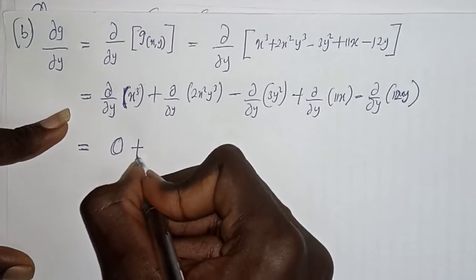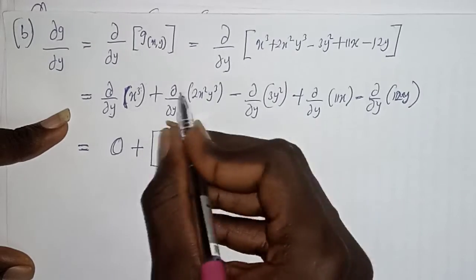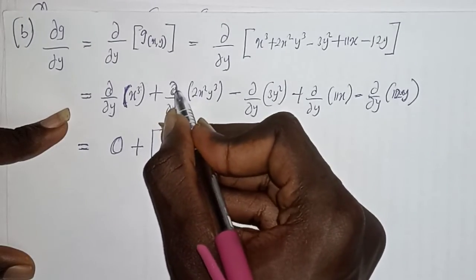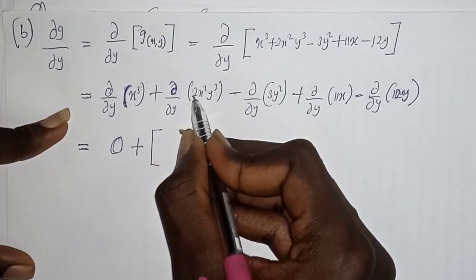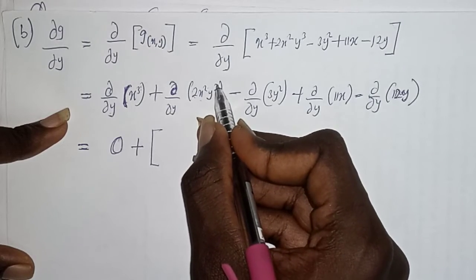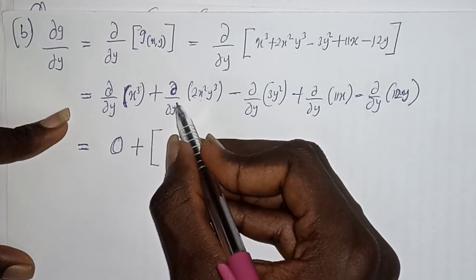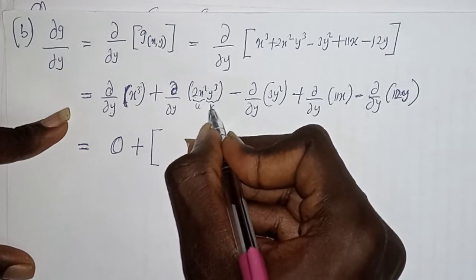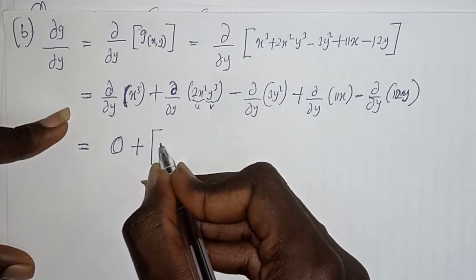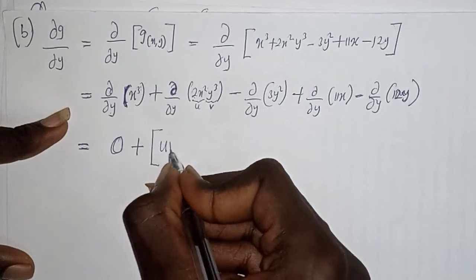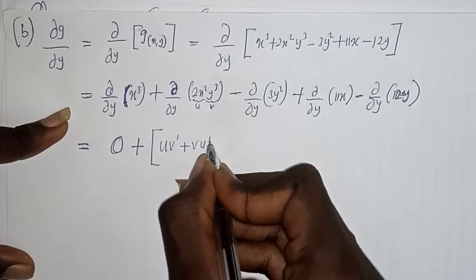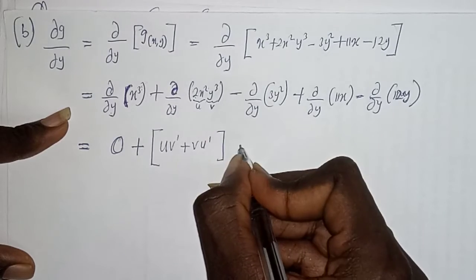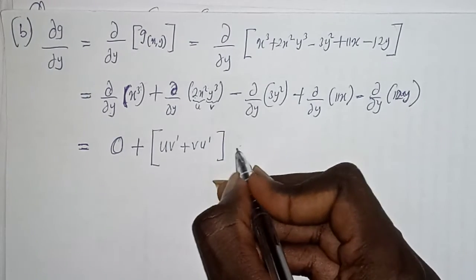There is no y to differentiate, so you should know that that will give us 0. Okay, then plus having this now, since we already have del y of this 2x squared then y cube, that means we have to use product rule. Let this represent u and let this represent v, such that we have uv prime plus vu prime, then with the rest.